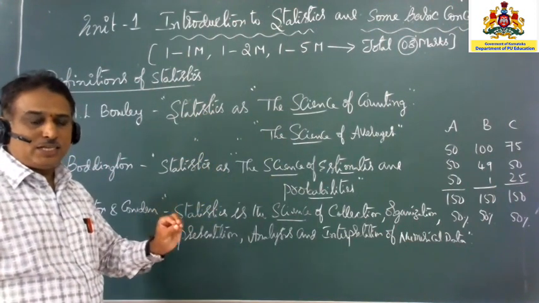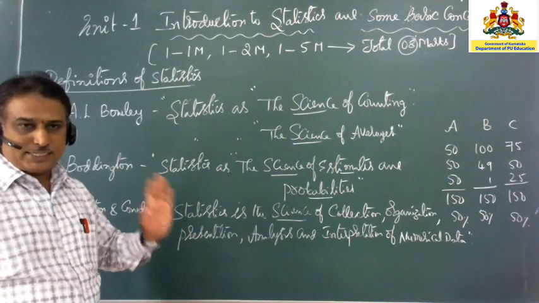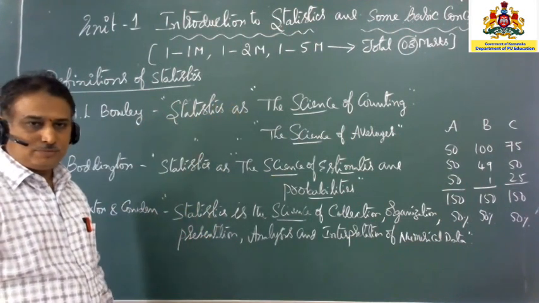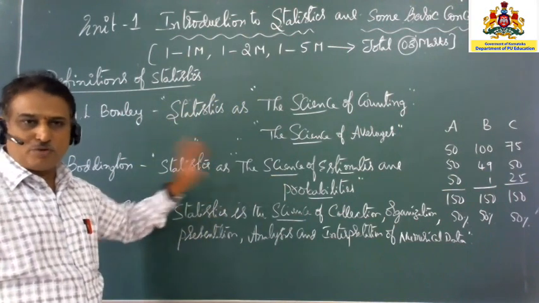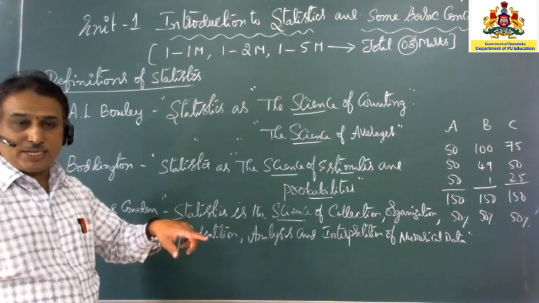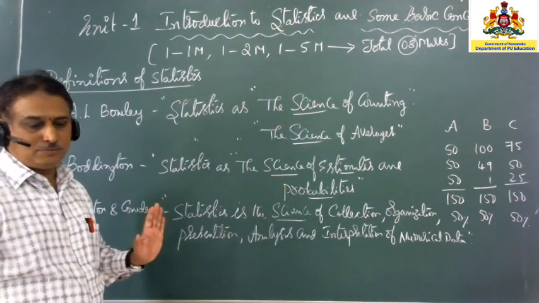Particularly, if they ask, give the definition of Bowley of statistics, you have to write Bowley's definition. Like that, give the definition of Boddington, you have to write the Boddington definition. Give the definition of Clarkson-Cowden of statistics, then you have to write this definition.